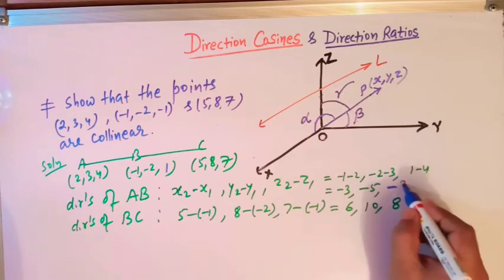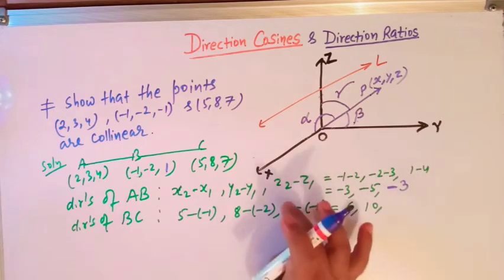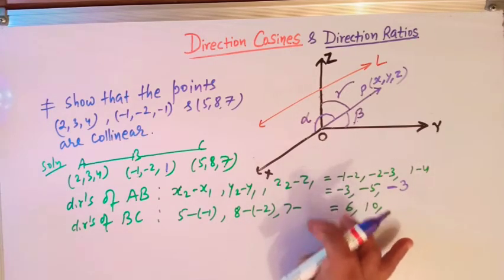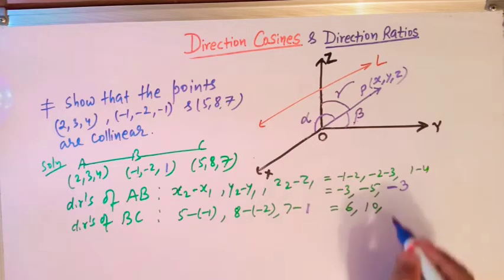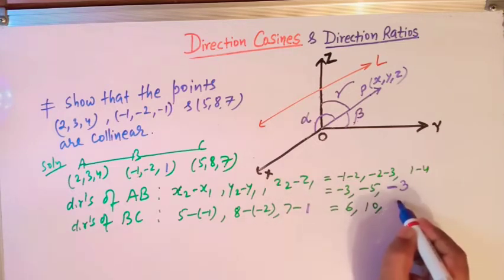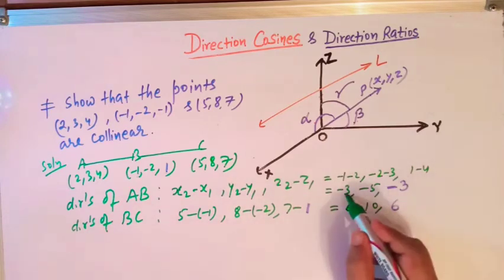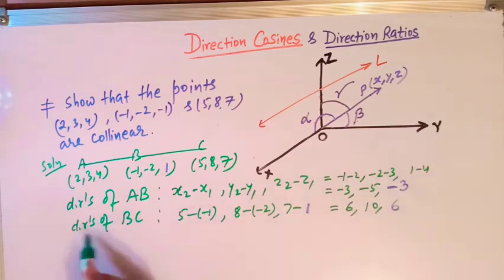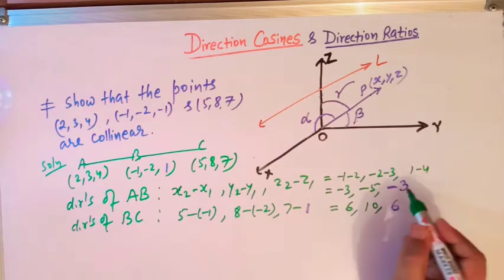This is minus 3. And now here we have 7 minus 1, and this is 6, right? Okay, so the DRs of AB are minus 3, minus 5, minus 3, and DRs of BC are 6, 10 and 6.